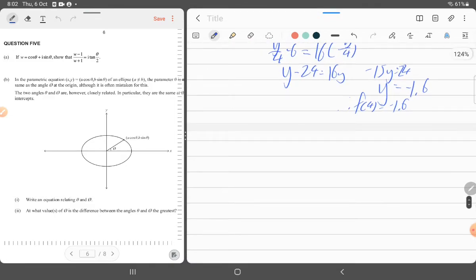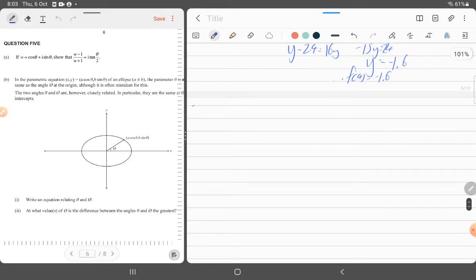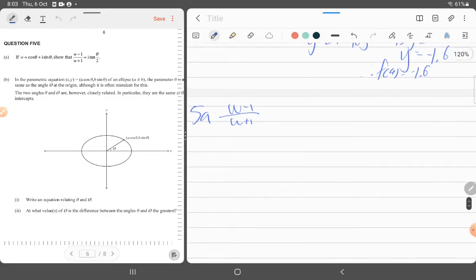Okay, question 5a. So w take away 1 over w plus 1, so cosine theta plus I sine theta take away 1 over cosine theta plus I sine theta plus 1.